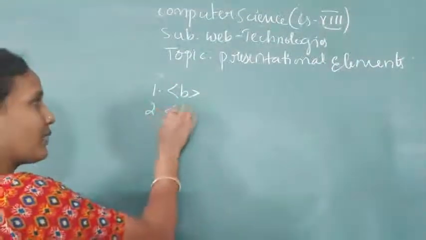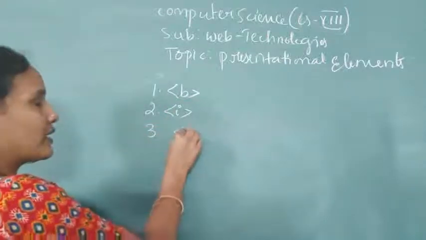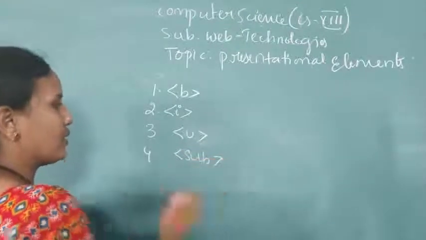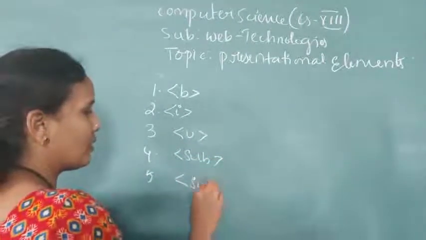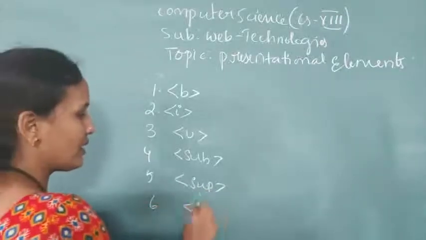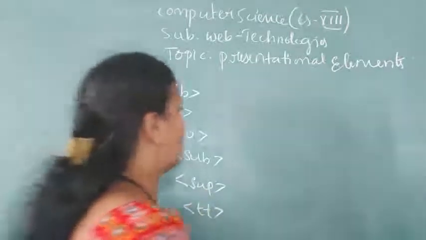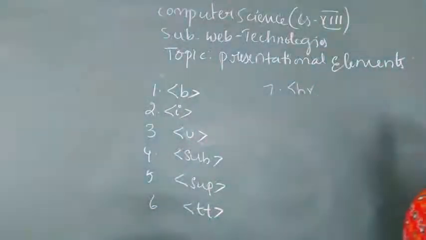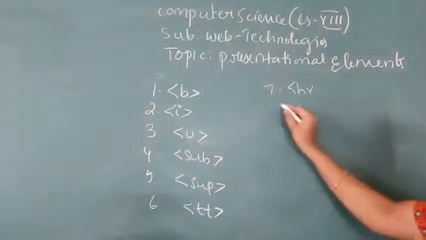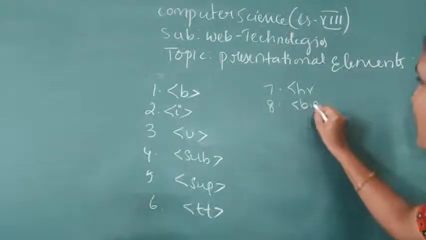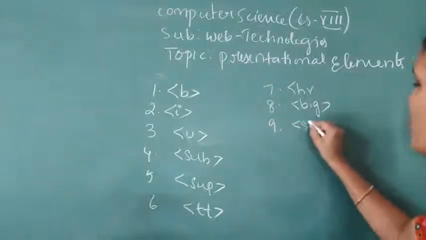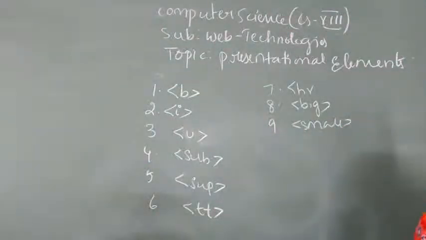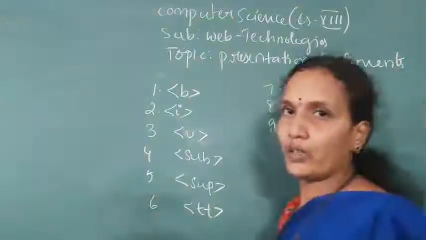The second one is italic, third is underline, fourth is subscript, fifth is superscript, sixth is teletype, and seventh is HR, horizontal ruler, and we have big and next small. These are all presentational elements which help the user change the original style of the document.